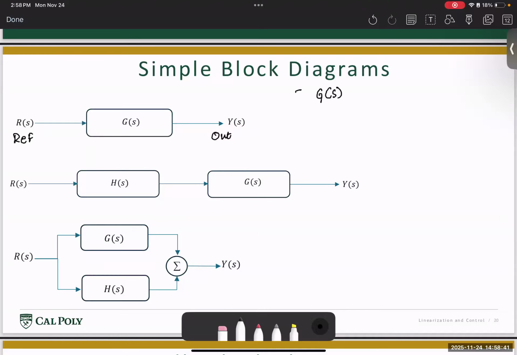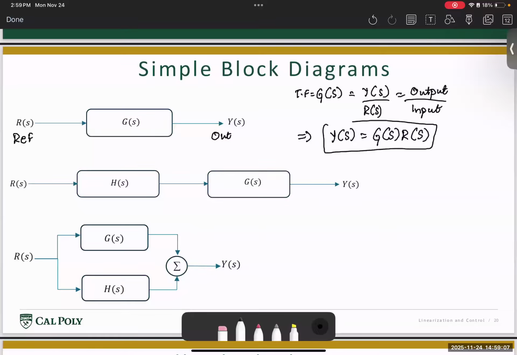We said the transfer function G of S is nothing but Y of S by R of S, which is basically the output divided by the input, where the input and the output are represented in the Laplace domain. All right. Or rearranging this equation, we can say the output Y of S is nothing but some gain G of S times the reference input R of S.